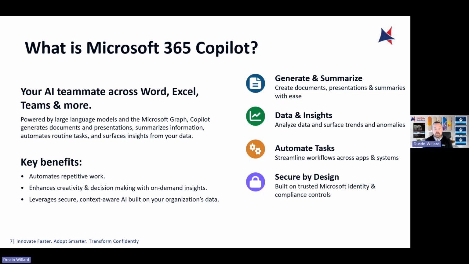And it leverages secure, context-aware AI built on your organization's data. And that is one thing I want to really call out here. So you guys are aware, all of your permissions are recognized within 365 Copilot, and the models are not being trained on your data.